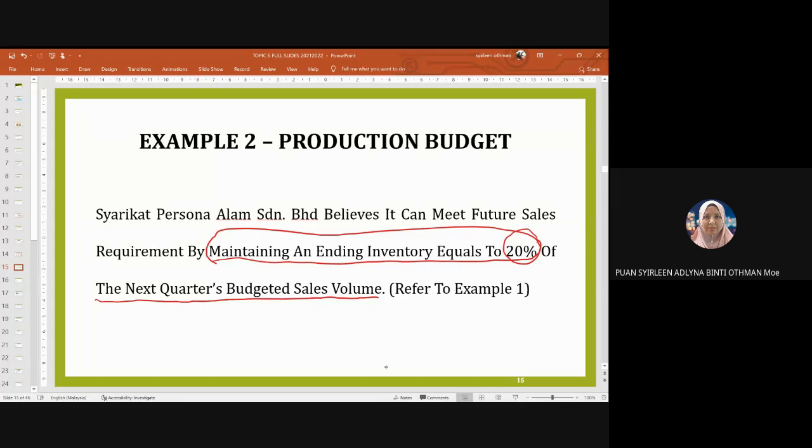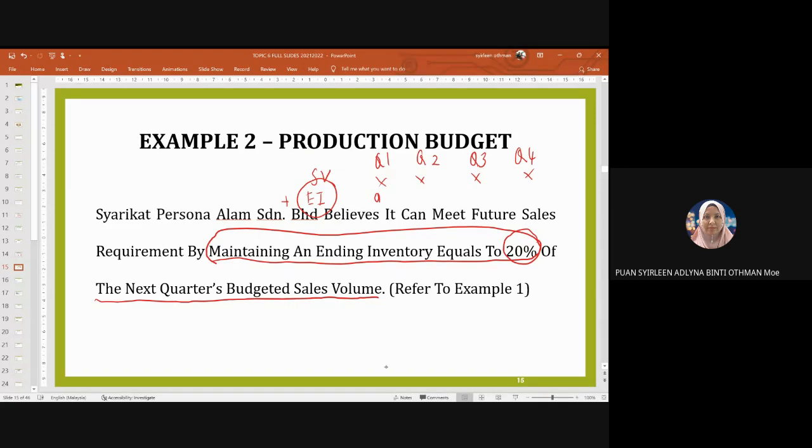So you have quarter 1, quarter 2, quarter 3 and quarter 4, with the sales volume here. Then you plus the ending inventory. The policy is that for each quarter, let's say this one is A, the value of A must be taken from the next quarter's budgeted sales volume.